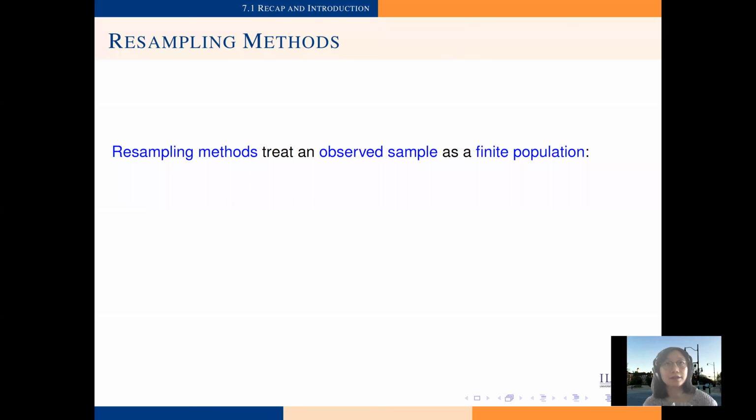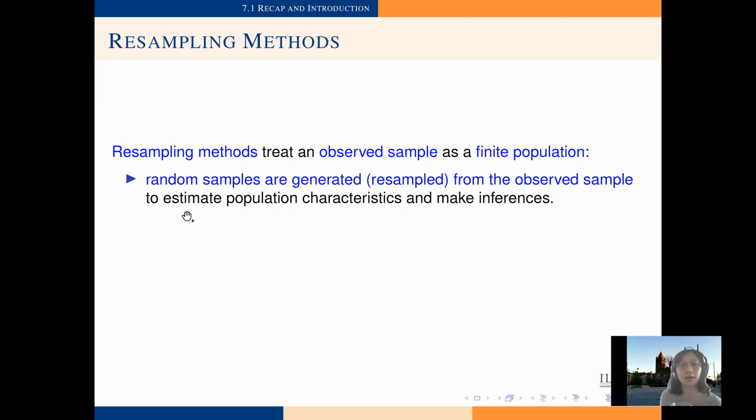Instead of sampling directly from fx, which is the distribution we have no idea about, we instead draw samples from the finite distribution of the random observations of size n we have obtained. So, by using resampling methods, random samples are generated or resampled from the observed sample to estimate population characteristics or make inferences about unknown parameters.